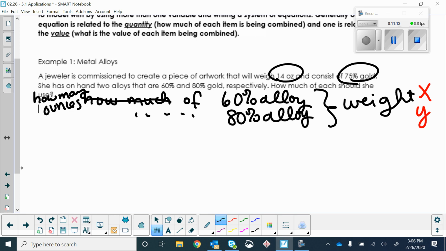Yes, absolutely. X plus Y added up has to equal 14 ounces. That's true, right? The percent of the final product, the percent of that 14 ounces has to be 75. So we made our equation that handles this weight information, and now we need one that handles the percent.